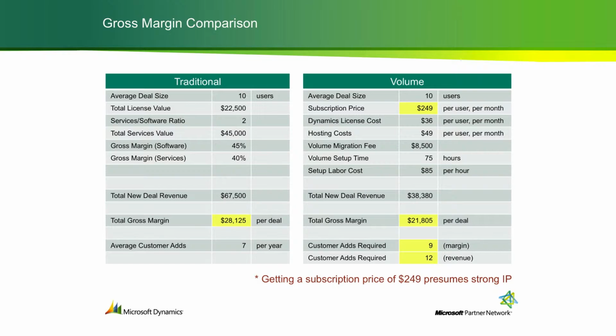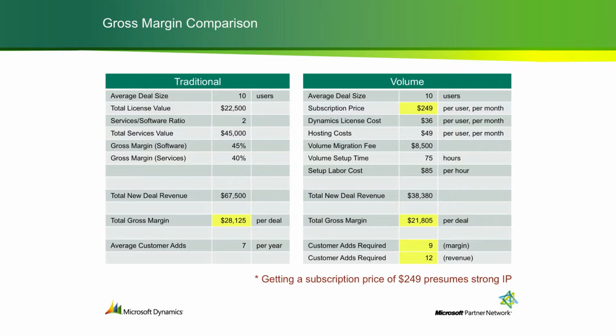Now, these precise numbers will vary depending upon what part of the world you're in and what your individual market characteristics are. But the point really here is that whereas in the traditional business model, a 10-user deal would give you revenue of say $67,500, the total new deal revenue that you can expect from a cloud or volume-oriented or subscription-oriented customer is significantly less, and in this case, really about half as much.